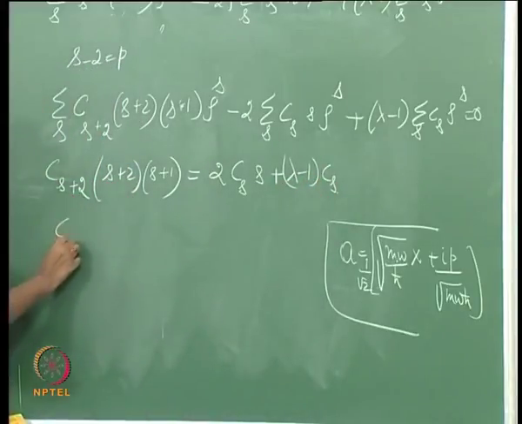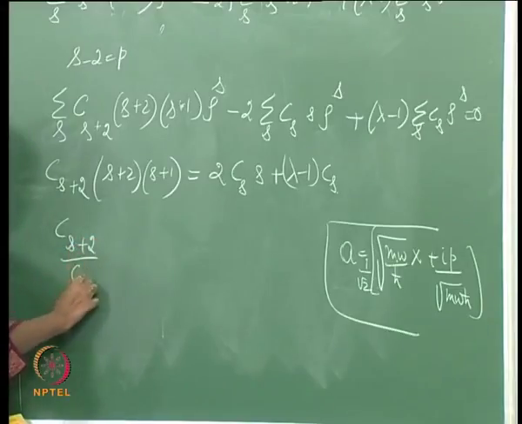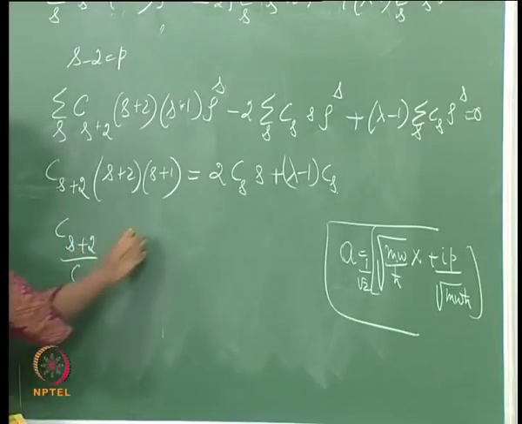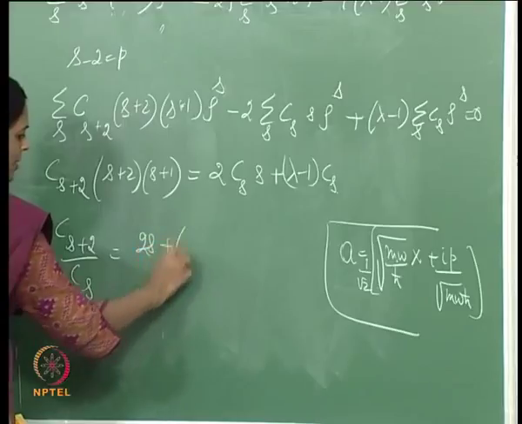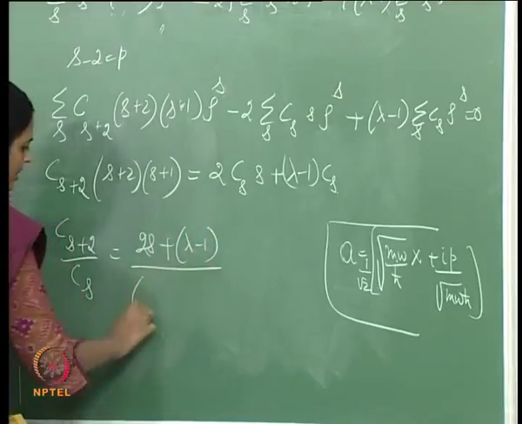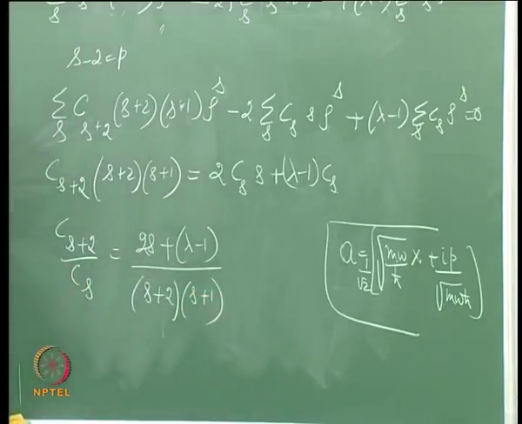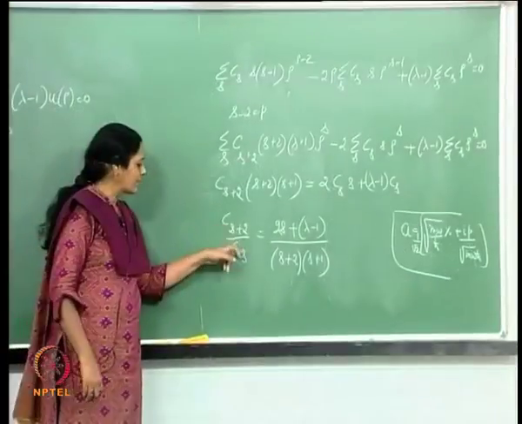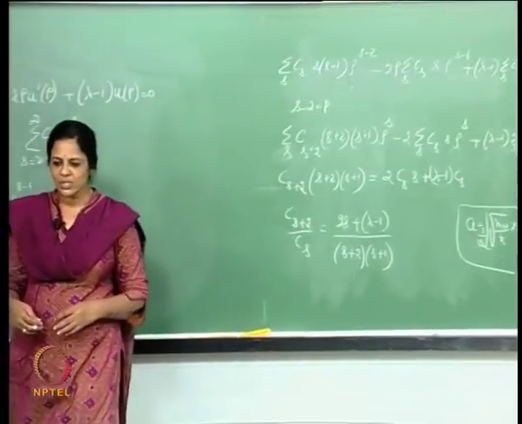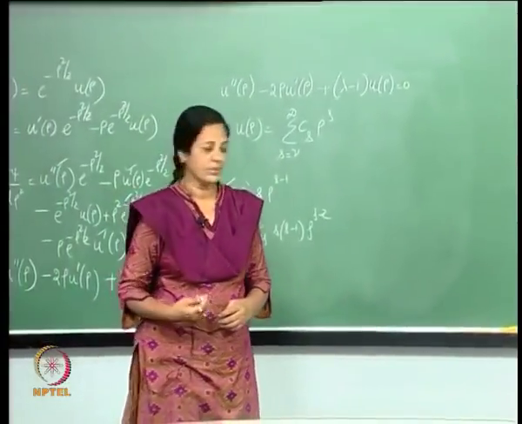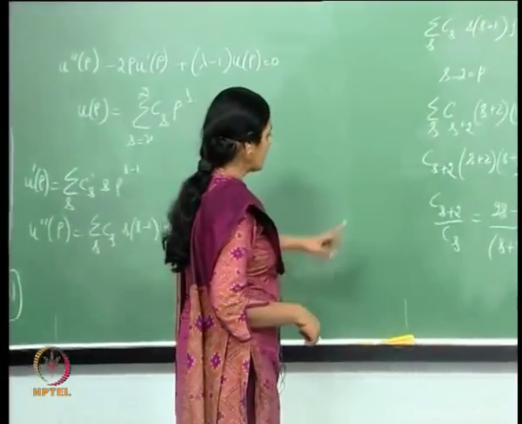Therefore, Cs plus 2 by Cs is 2s plus lambda minus 1 divided by s plus 2 times s plus 1. Now this is a good thing to know because we are interested in what happens for large values of s. The asymptotic behavior is going to be dictated by this ratio, and one wants to see if the series converges at all. So let us look at this ratio.